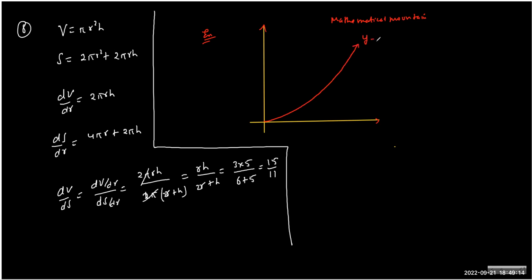The equation of the parabola is written as ax square. So you can clearly see, if you choose any point, the direction of your velocity at that instant will be in this direction along the mountain, isn't it?